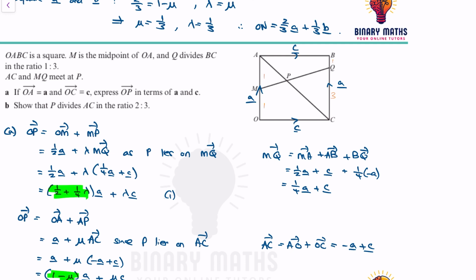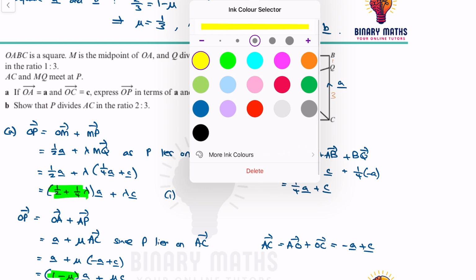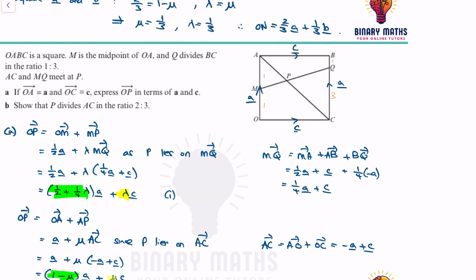And the second one I get is lambda is equal to mu.